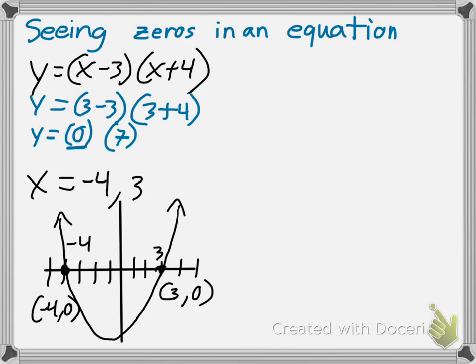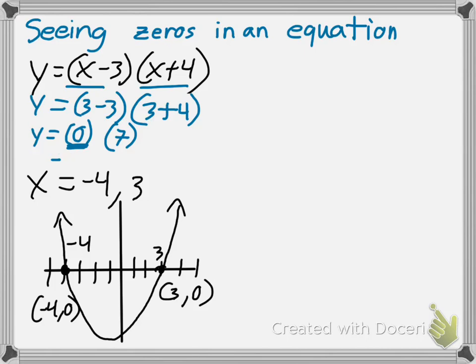And the magic is with the 0. In making one of these two things, either the x minus 3 or the x plus 4, making one of those become 0, it's going to cause the other one to end up being multiplied by 0. So therefore y must be equal to 0.